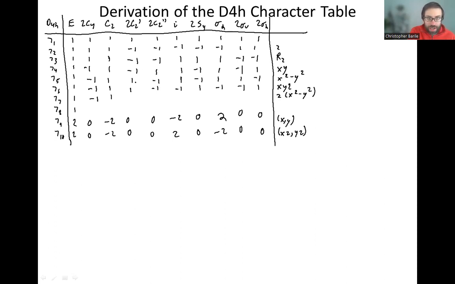Negative 1 times 1 is negative 1. Next one is negative 1 times 1 is negative 1. Sorry, negative 1 times negative 1 is 1. Now we're under inversion here. Negative 1 times 1 is negative 1. Negative 1 times negative 1 is positive 1. Negative 1 times 1 is negative 1. 1 times negative 1 is negative 1, and 1 times 1 is 1.